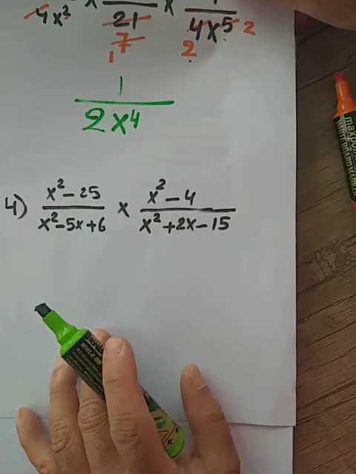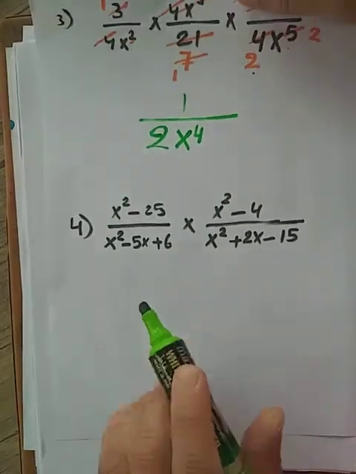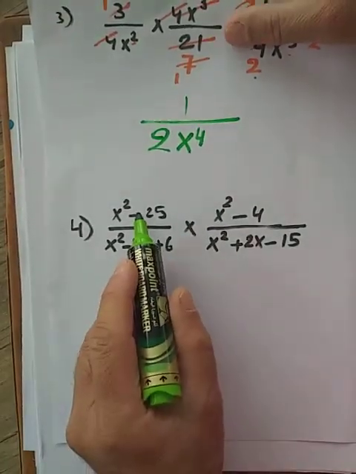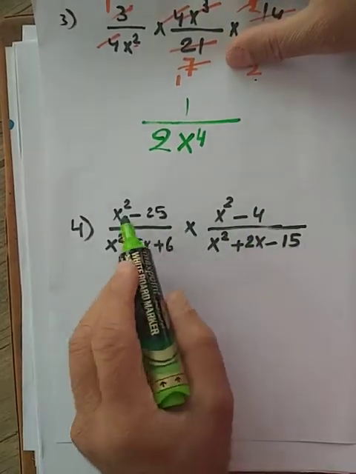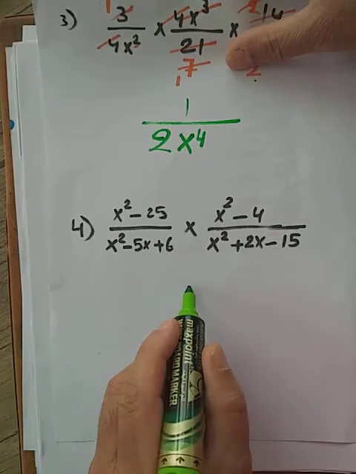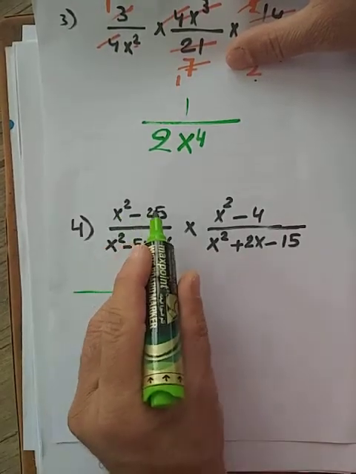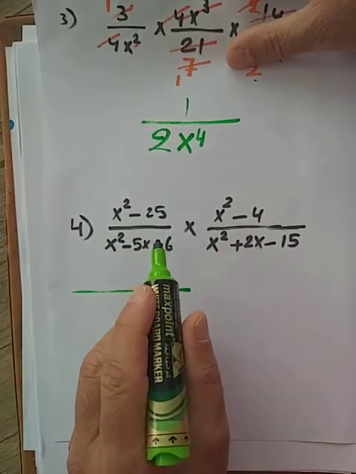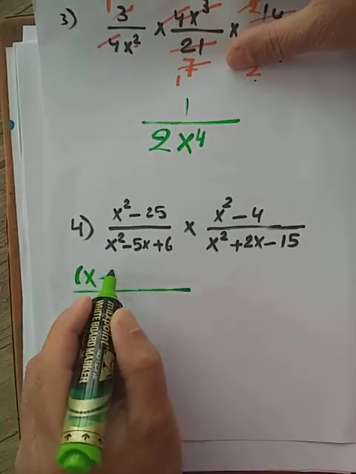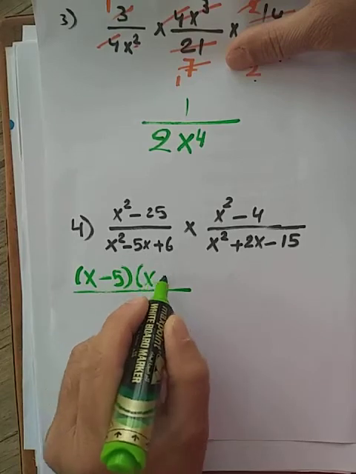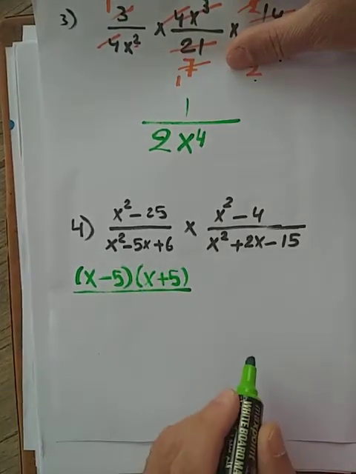Example 4. This is numerator, denominator, numerator, denominator. Factorize this one: it is a difference between two squares. x minus 5, x plus 5.